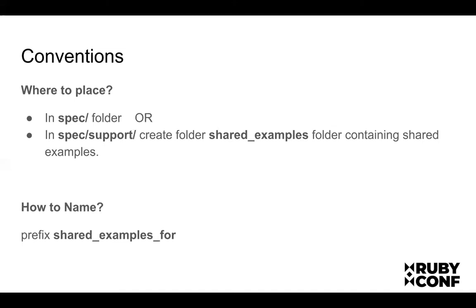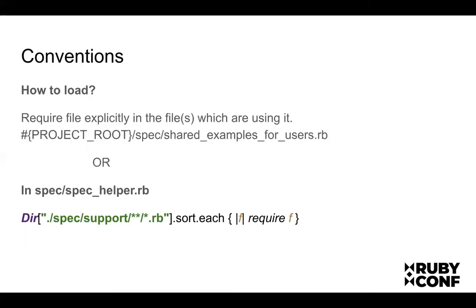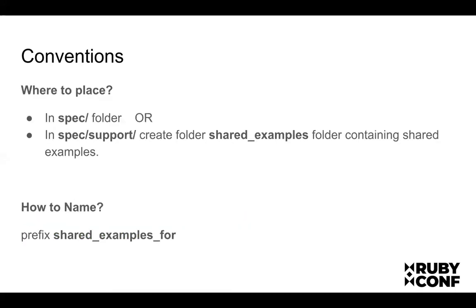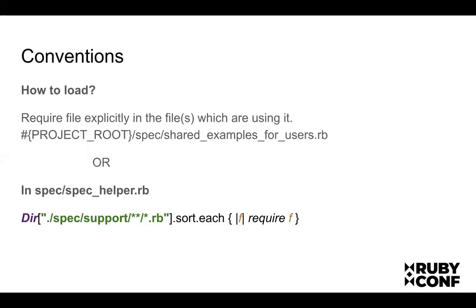We will add all the shared examples in this shared example folder. I prefer that we go with this approach. It keeps all the shared example stuff in one place instead of scattered around, so it is easy to read and understand where our shared examples are placed. But it is up to you how you want it and where you want it placed.